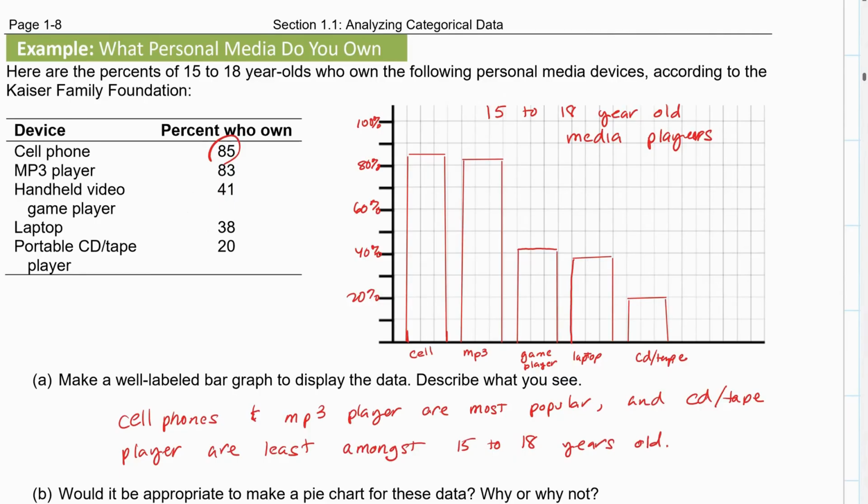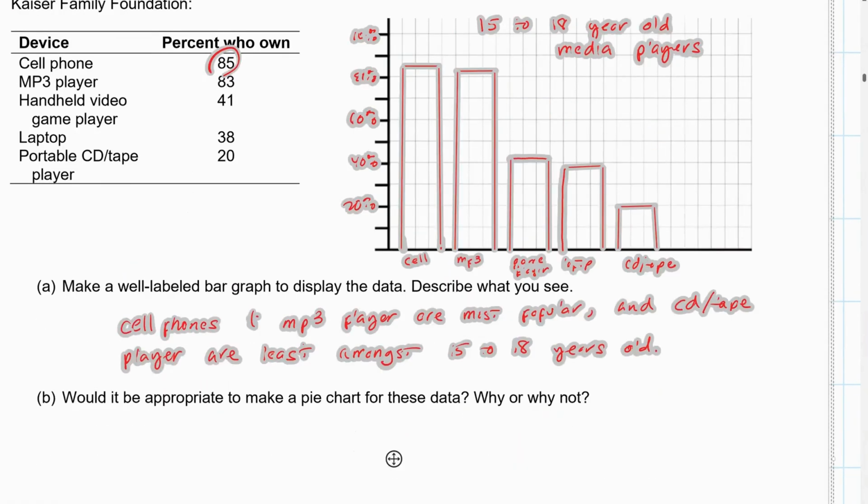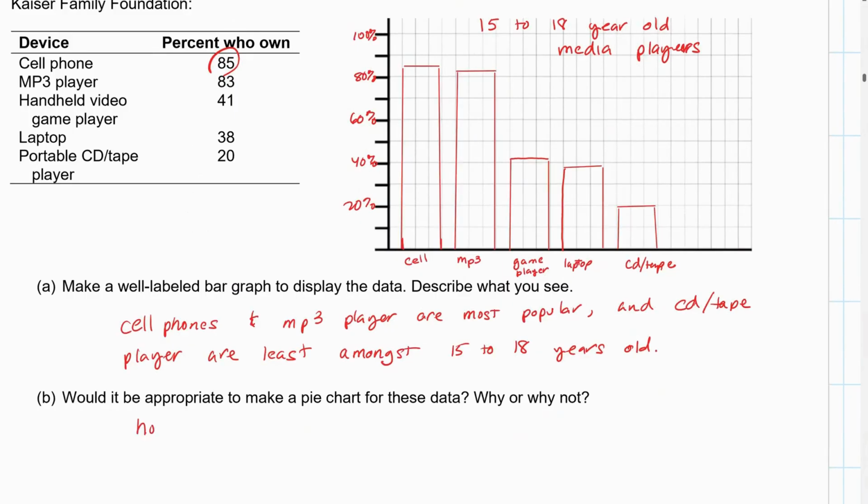All right. Would it be appropriate to make a pie chart of this data? The answer to that is no. Pie charts require that individuals belong to only one category.